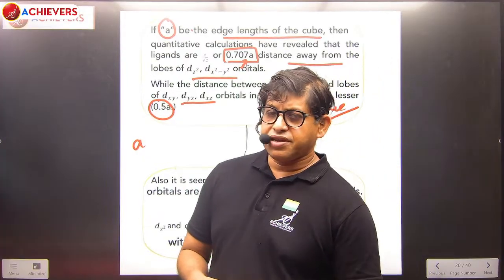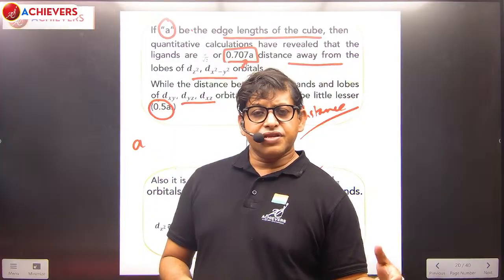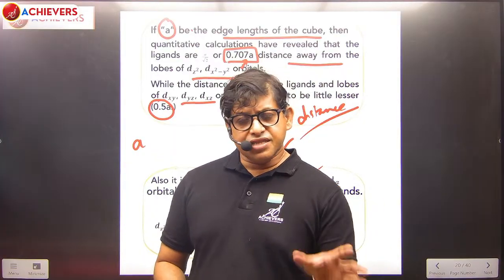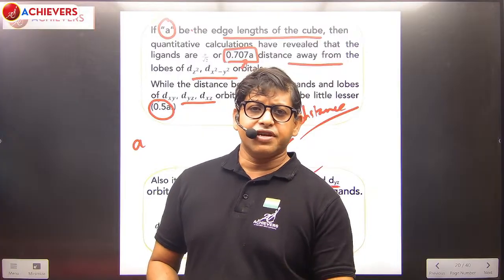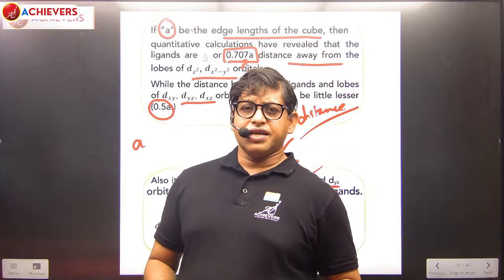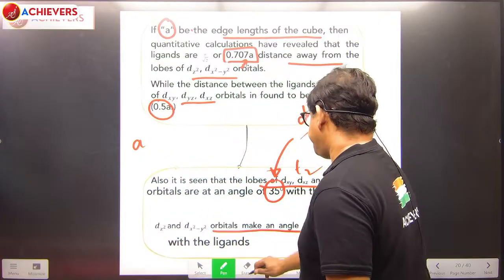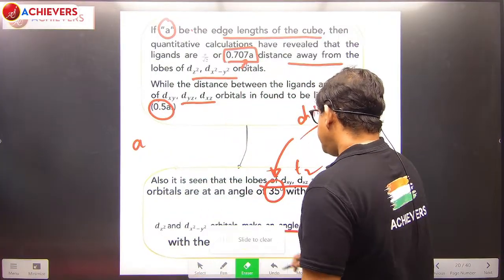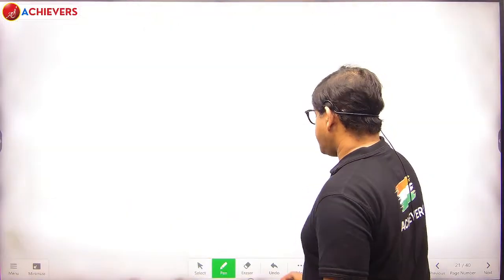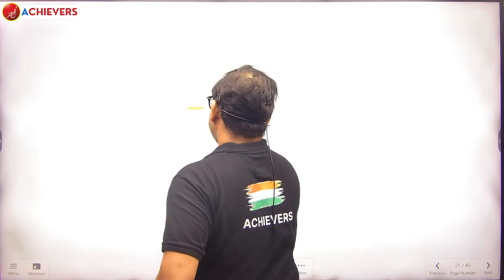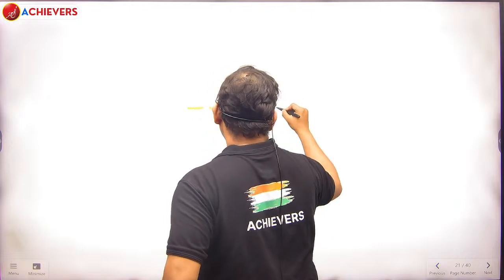So obviously you can now understand that based on the distance or based on the angle, the ligand interaction in tetrahedral is more with respect to the T2 set of orbitals as compared to the E set of orbitals. So what do we expect here? We expect a complete reverse type of diagram. This is the d orbitals.